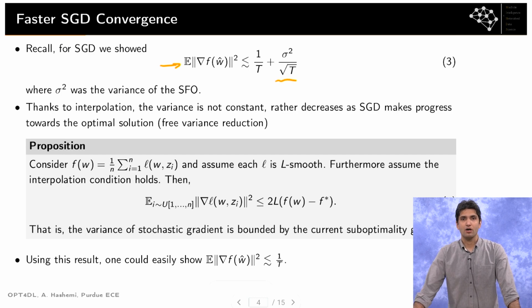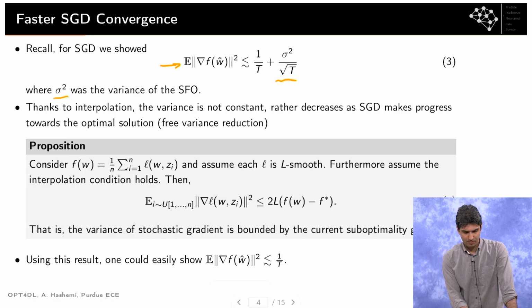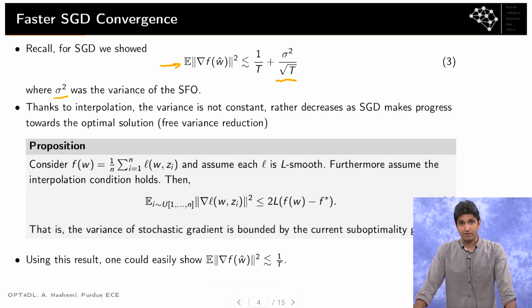So it depends on how good our stochastic estimation of the true gradient is, right? So we assume that we have access to a stochastic first order oracle with variance sigma square, and this basically finds its way into our convergence guarantees.